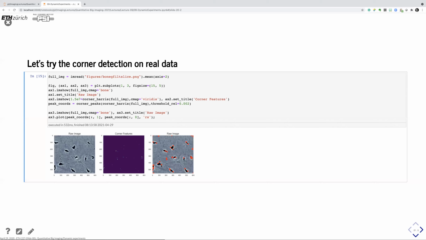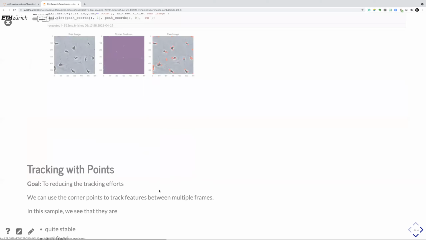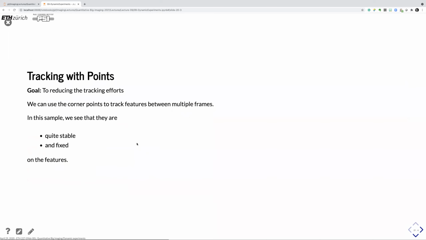So these can then be used in order to do the tracking. And this reduces our tracking efforts, because we don't have to do any labeling anymore. We don't have to compute any region properties, because these corner points are really bound to the shape of the objects. So you can see that they are quite stable and also fixed on the features.